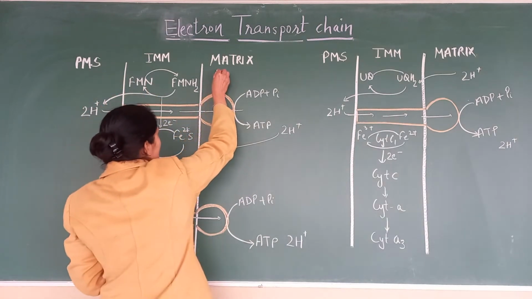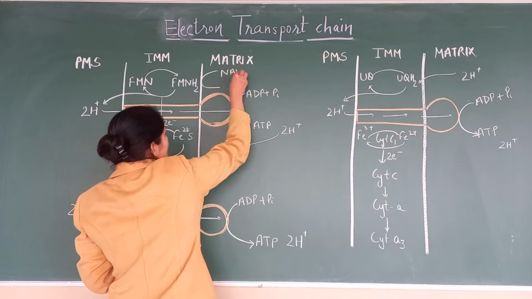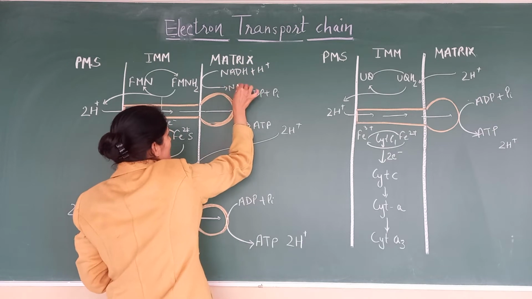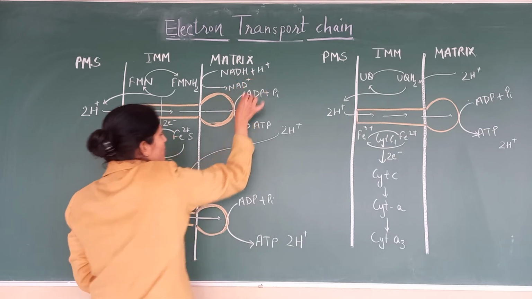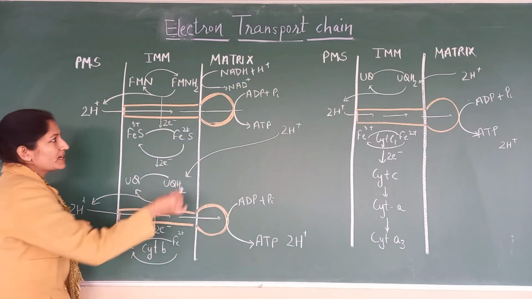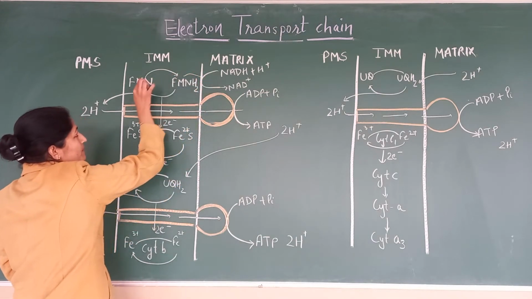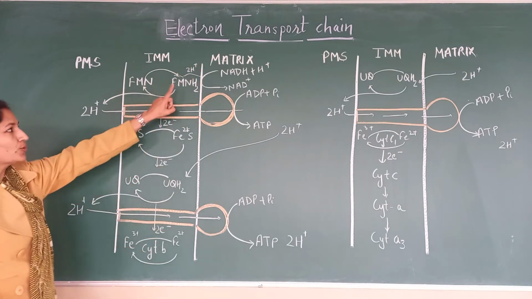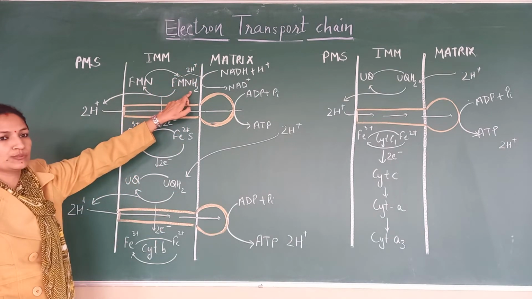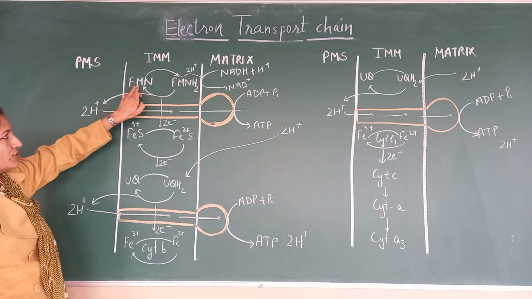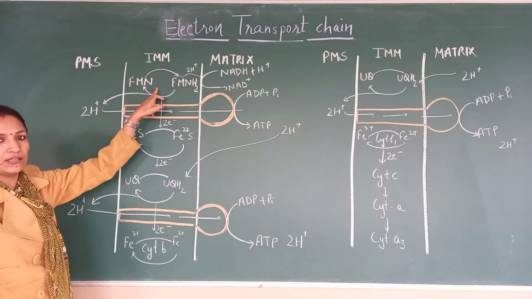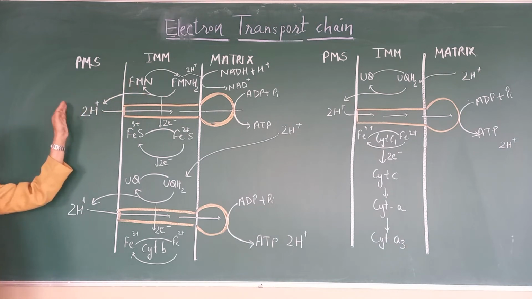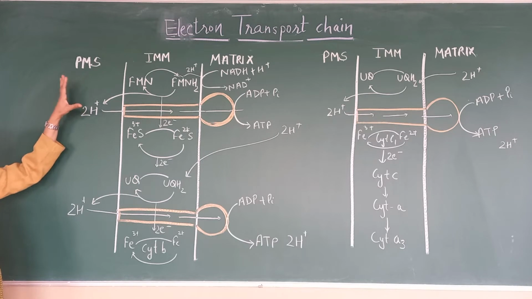So from this side, when this NADH plus H positive is going to get oxidized to form this NAD plus coenzyme, then the protons will be accepted by FMN. Okay, this is going to take protons to get reduced into FMNH2. So FMNH2 again converts into FMN, and while converting, the protons are released into the peri-mitochondrial membrane space.